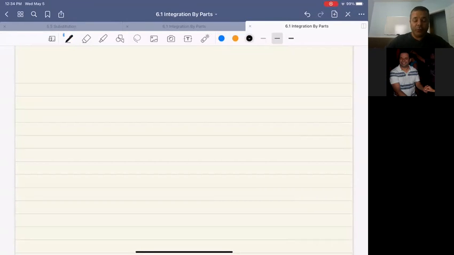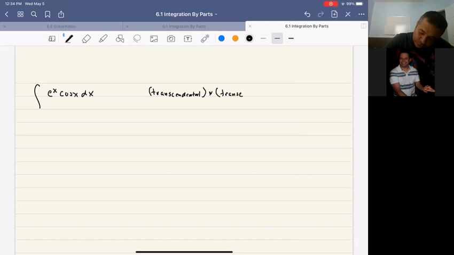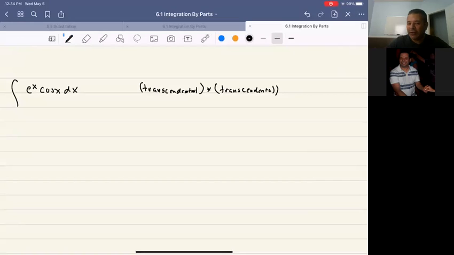We're going to do this integral, e to the x cosine x dx. Here we have transcendental times transcendental. In this case, there's no specific one that you choose to be u or dv.